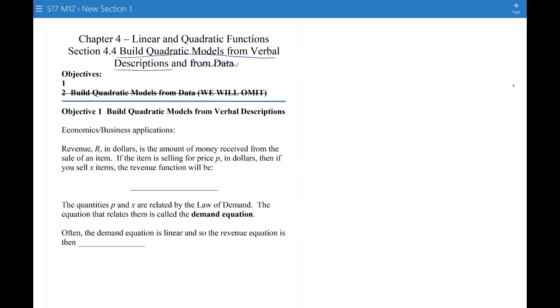So if we talk about revenue, that's the dollars that are coming in to the company from doing something or selling something. So if the things you're making, whatever they are, are selling for P dollars each, then if you sell X of them, the revenue function, and we write R of X, will be P times X. So this always happens, right?